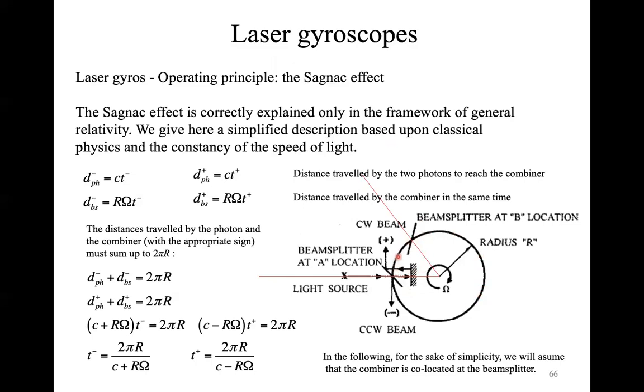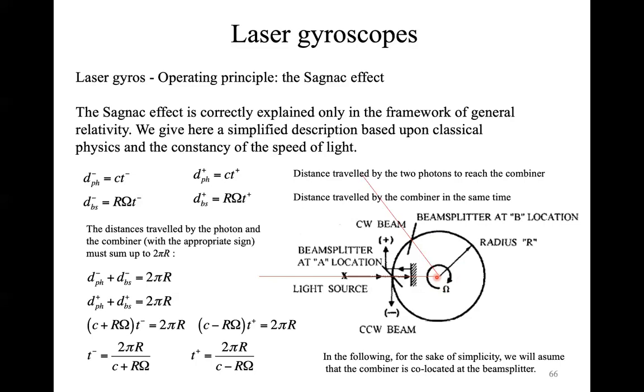You have one light beam going in a clockwise direction and the other in the anti-clockwise direction, and this ring is rotating with a constant velocity. Both beams are moving in this inertial reference frame, because it's moving with a constant angular velocity, at the same velocity c.